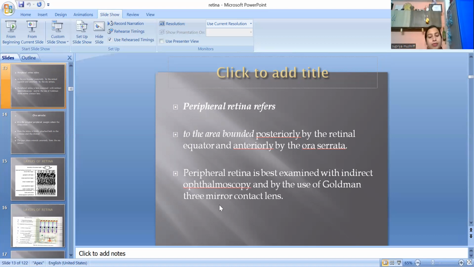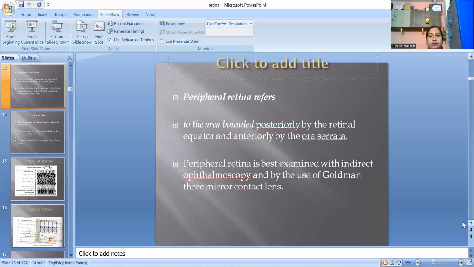I have told you earlier in my previous slide. Again, I will repeat. Posterior fundus is best visualized by plus 78D and plus 90D lens on slit lamp biomicroscopy, and also by direct ophthalmoscope. Whereas peripheral retina is best examined with indirect ophthalmoscopy and by the use of Goldmann three-mirror contact lens.